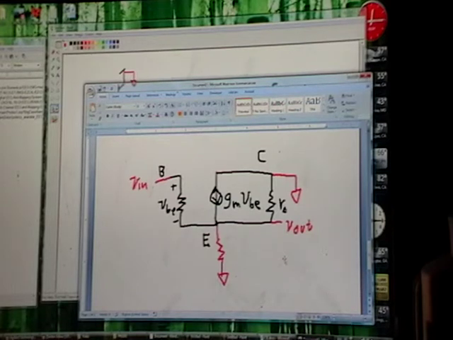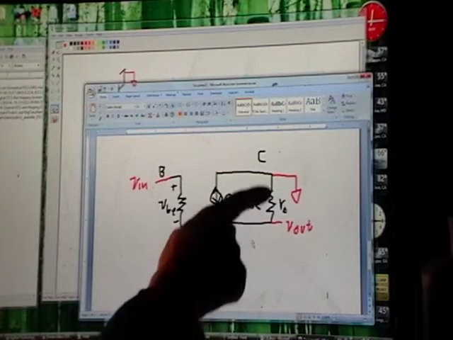Now just to make analysis a little bit easier, we can put things in parallel if there's stuff that goes in parallel, or get rid of things if there's stuff we can get rid of. Right now, we see that we have a resistor right here going from V out to ground. So RO goes from V out to ground.